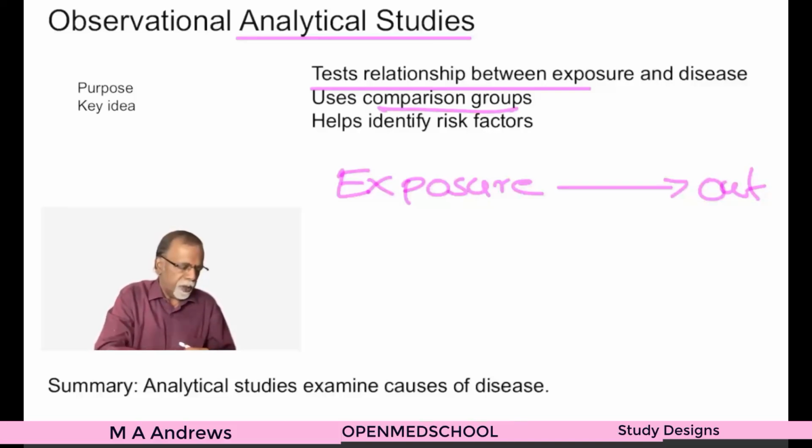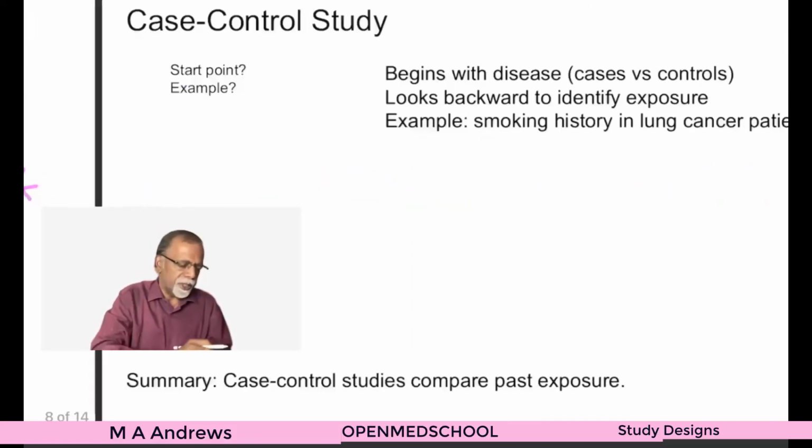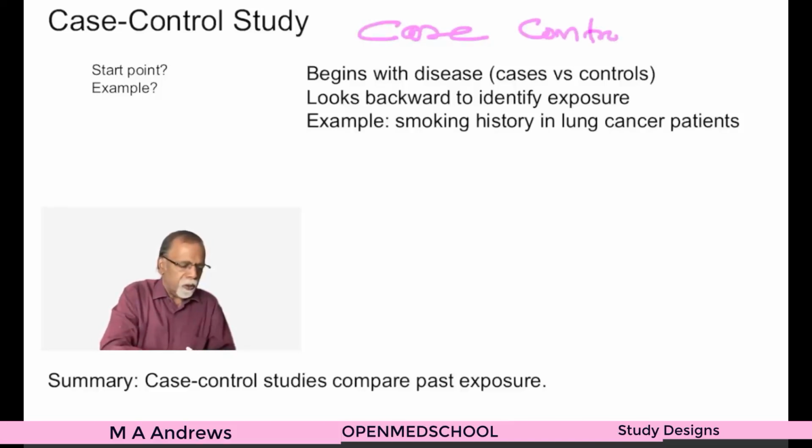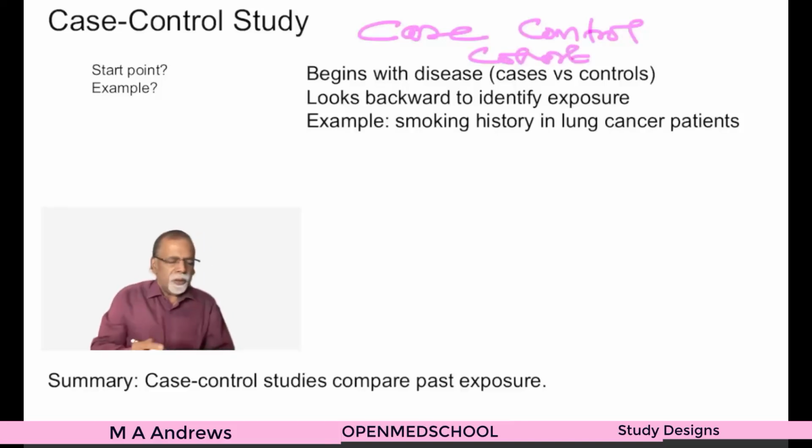And it will help to identify the risk factors. We'll discuss in detail. So what are the examples? There are two types. One is the case control, and second is the cohort study. These are two examples of observational analytical studies.